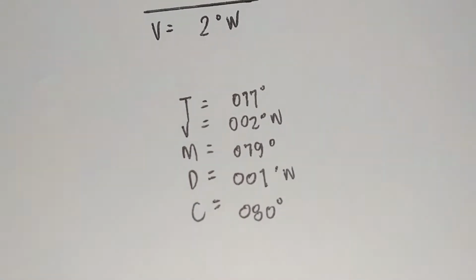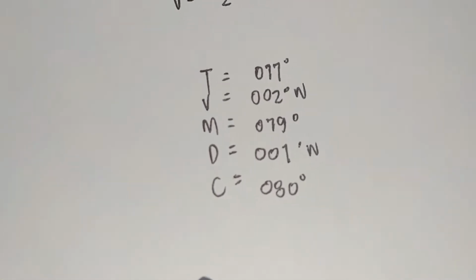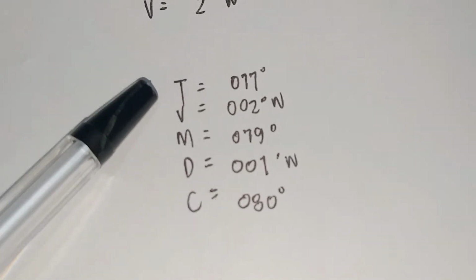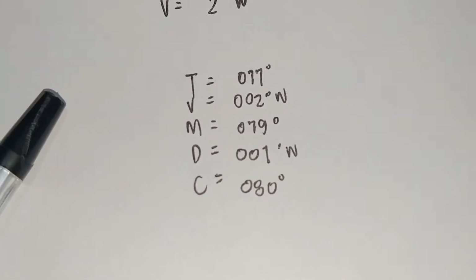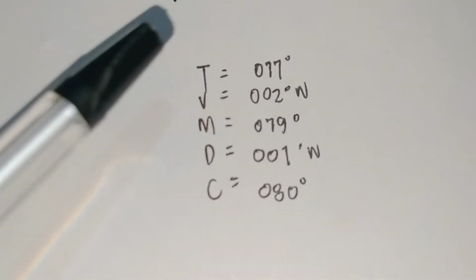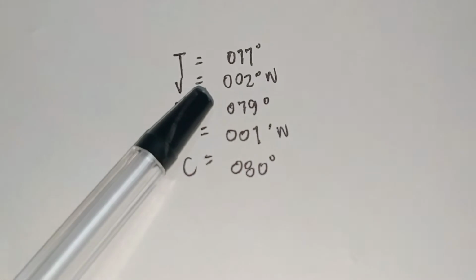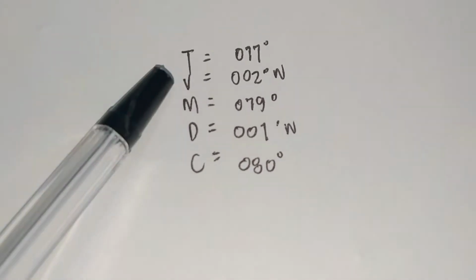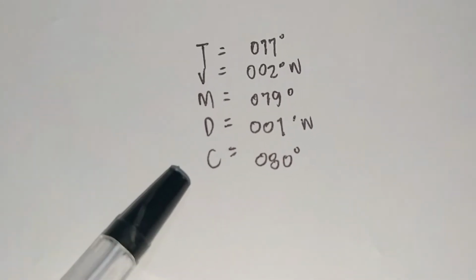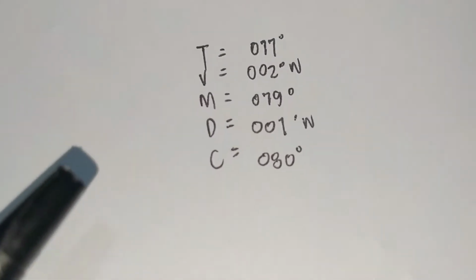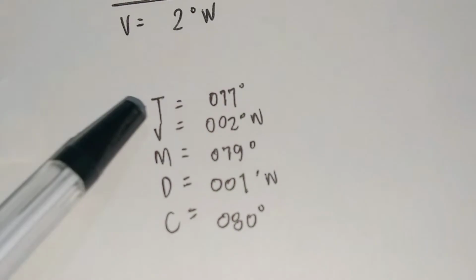If it is in a reverse way, it's Can Dead Men Vote Twice. But for TVMDC, for you to familiarize it, you just have to memorize TVMDC as "TV makes dull children." So how did we get it?